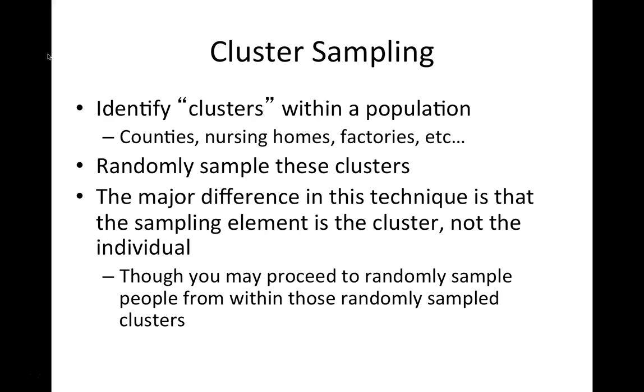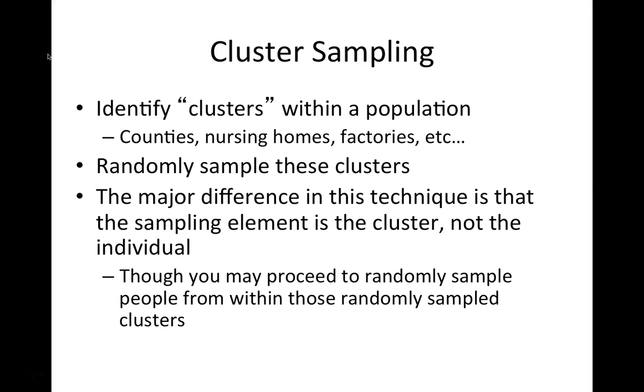The major difference in this technique is often that the sampling element is the cluster, not the individual. This is not always true. Your book gives examples of when we do this multi-stage process wherein we randomly select clusters and then we randomly sample from within those clusters. So you may proceed to randomly sample people from within those randomly sampled clusters.